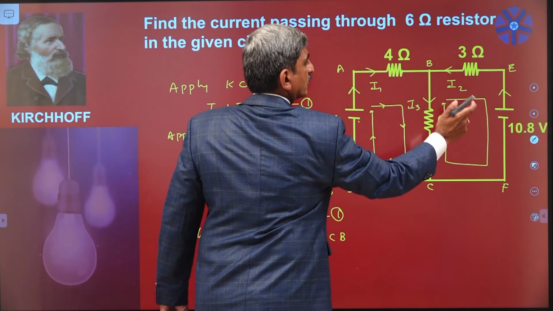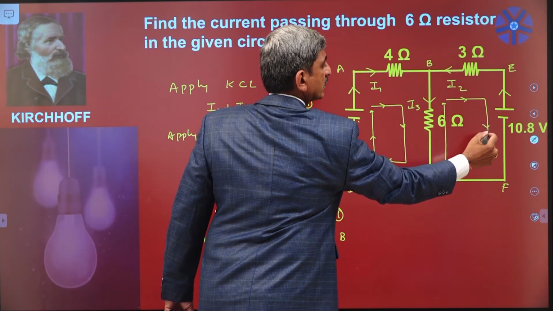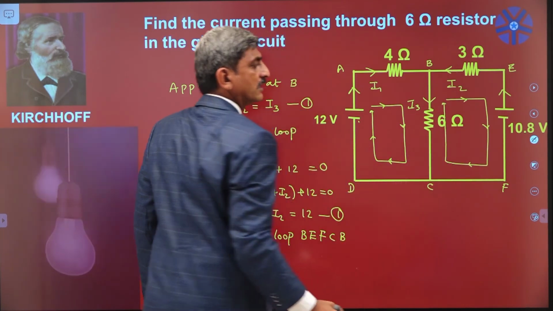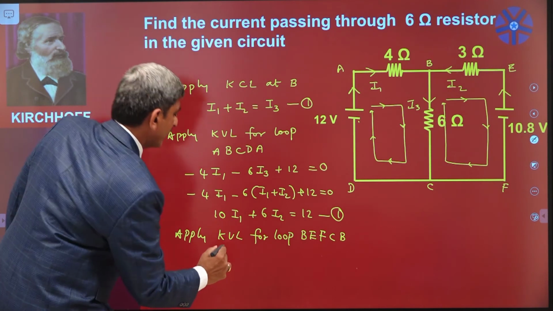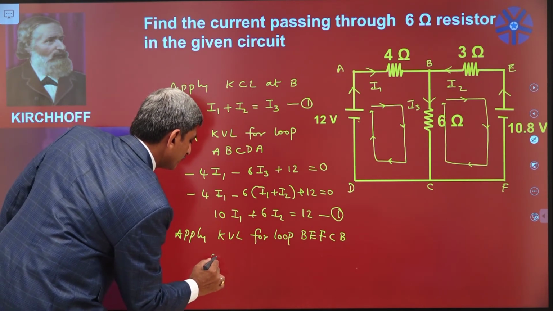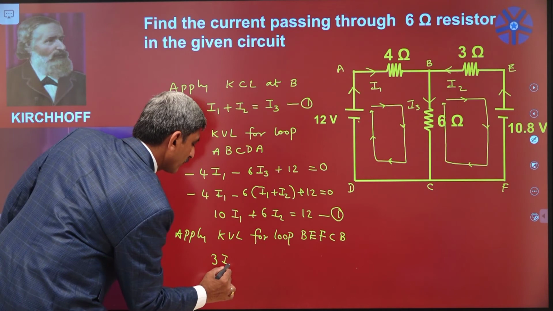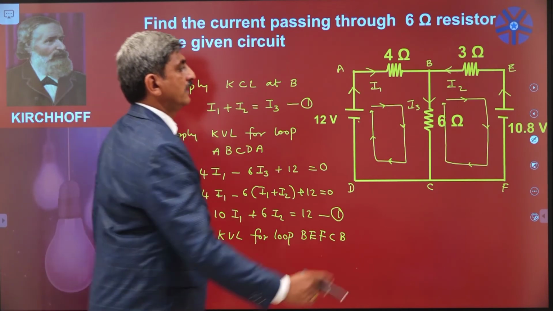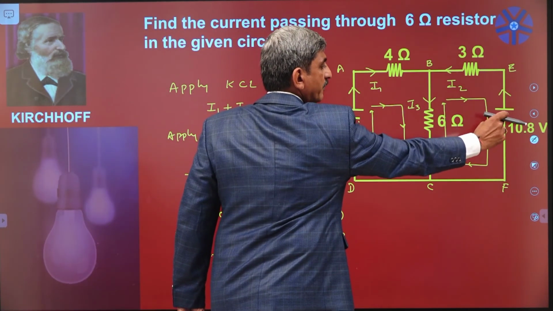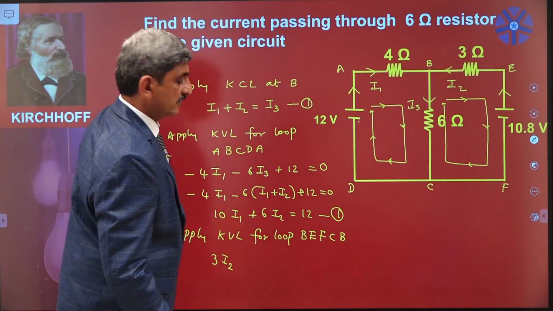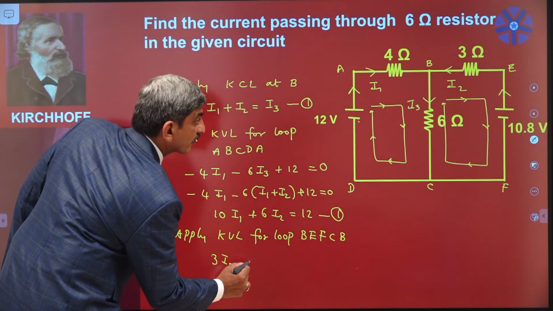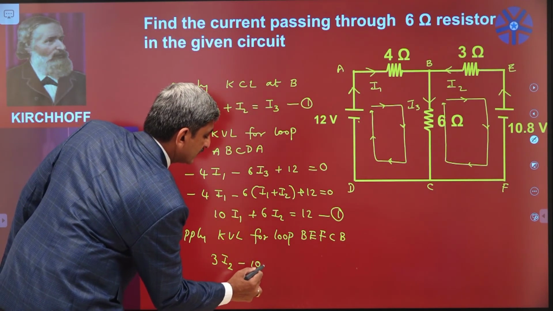The direction of the current and the loop are in opposite directions, so IR is positive, plus 3I2. Next, we are moving from the positive terminal of the battery to the negative terminal of the battery, so that is negative, minus 10.8.